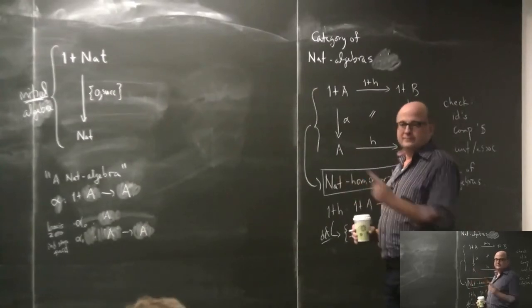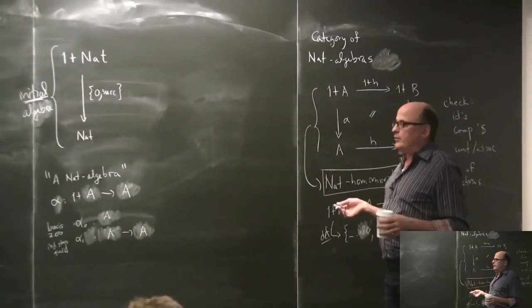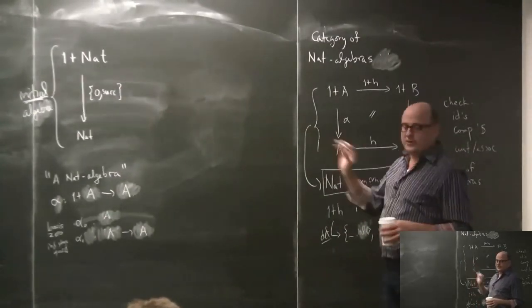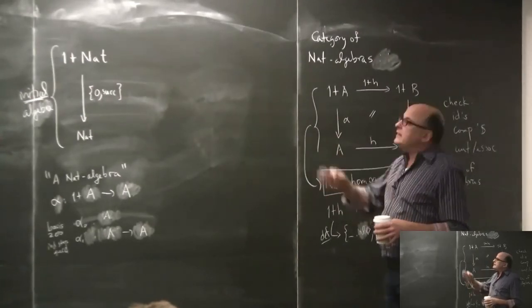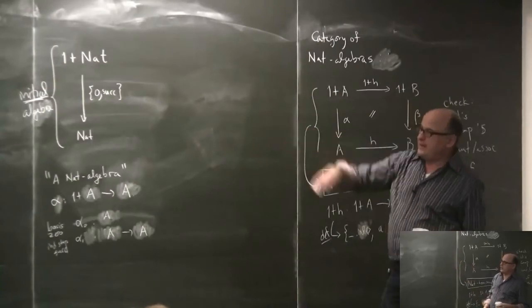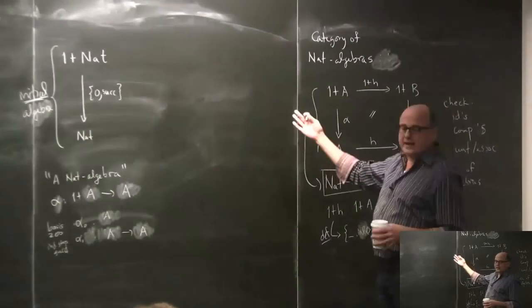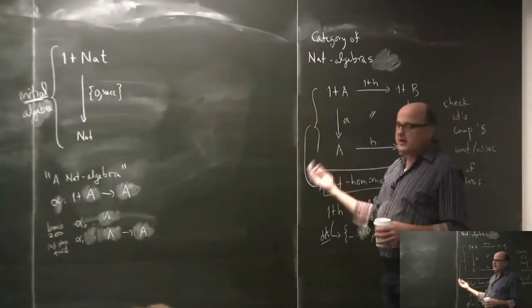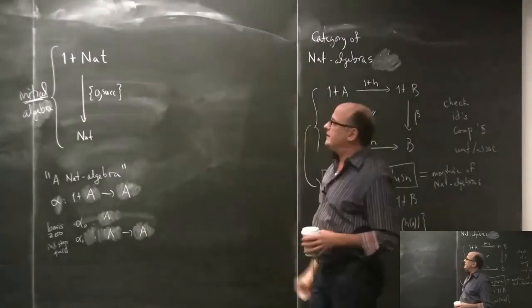In general, an initial object in a category is one that has a unique map to everything else. The unique is going to matter a lot momentarily. So I'm going to claim that, given the rules that I've written down so far, these rules induce the structure I'm describing in such a way that this is an initial algebra. What does it mean to be an initial algebra?